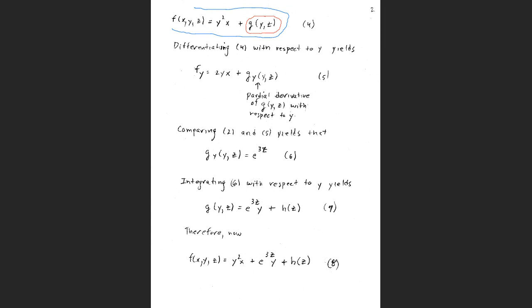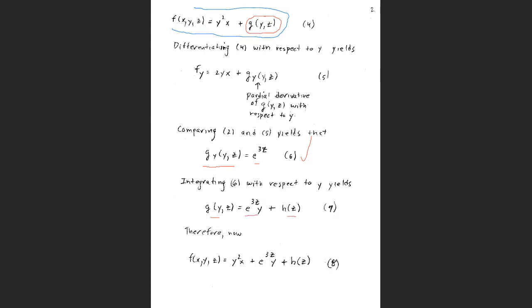We know that the partial derivative of g with respect to y is equal to e to the 3z. To learn about g, we have to integrate equation 6 with respect to y. When we do, the antiderivative gives us g of y and z equals e to the 3z times y plus h of z.